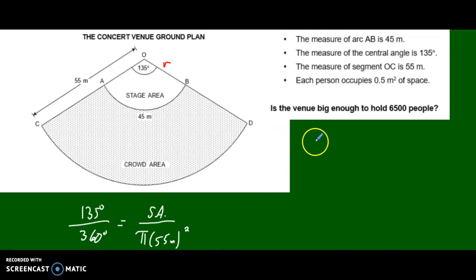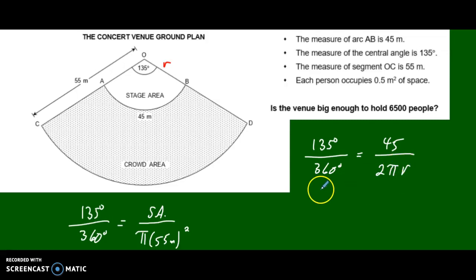The arc length is still the same angle, 135 degrees out of 360, equals the arc length, which we know is 45 meters, over 2 pi r. This is circumference: this is part of the way around, the arc length, and this is the total way around, which is 2 times pi times r, and r is what I'm looking for.